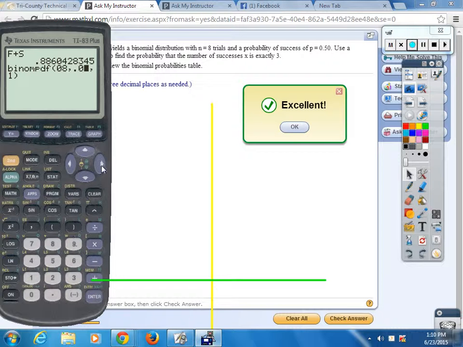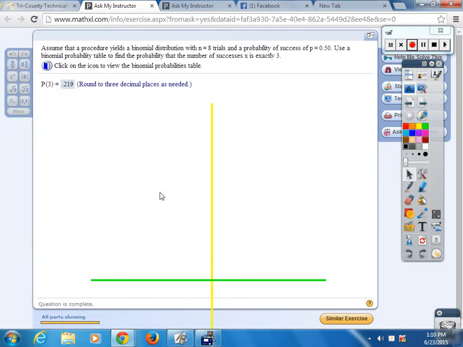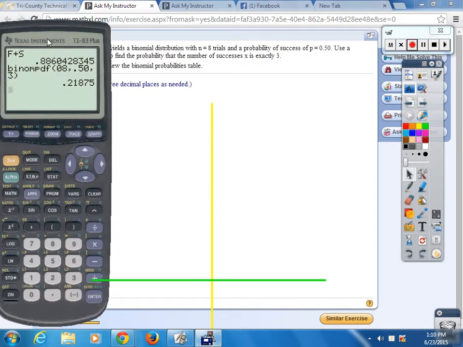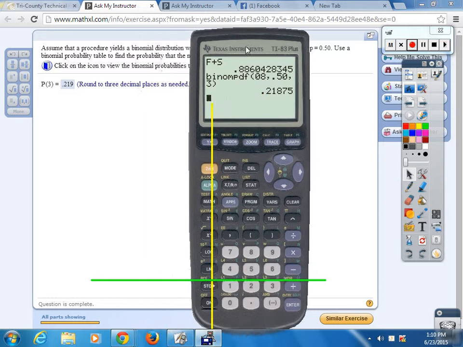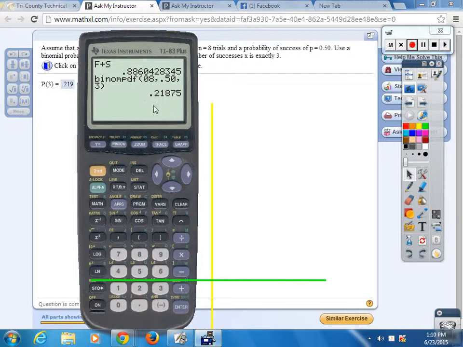And our P is 0.50 and 3. It's a miracle. Calculator puts up 0.21875 and round to 3, 0.219.